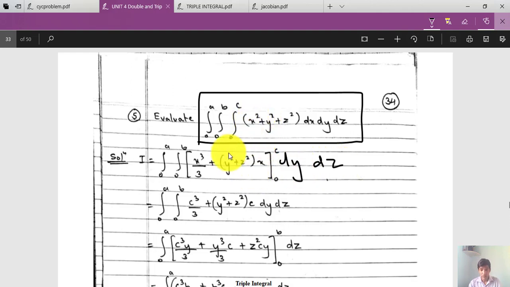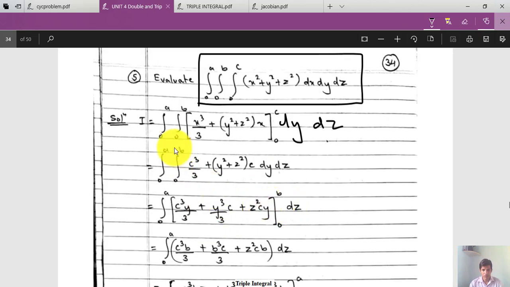The integration of x square is x cube by 3, and this is constant, so the integration of 1 is x, over the limit 0 to c. Substituting the upper limit, and 0 for the lower limit gives 0, so I need not write it. So it becomes c cube by 3 plus y square plus z square into c, dy dz. Then I take this integral and evaluate it with respect to y.